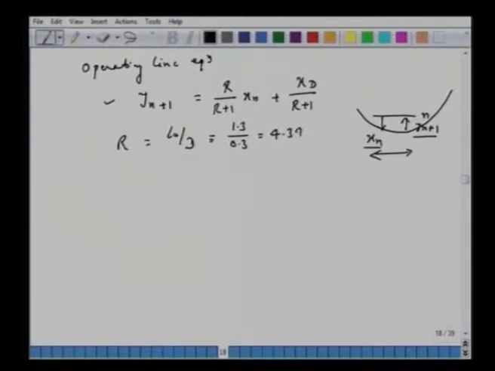So we know the slope of this operating line, R over R plus 1, as 0.81. Now we can substitute y_{n+1} equals 0.81 x_n plus x_D over R plus 1, which is 5.34.